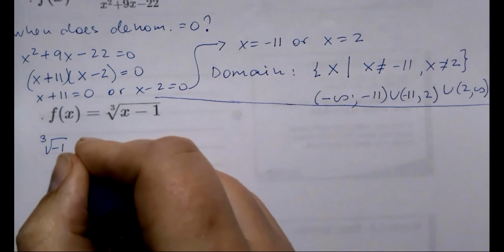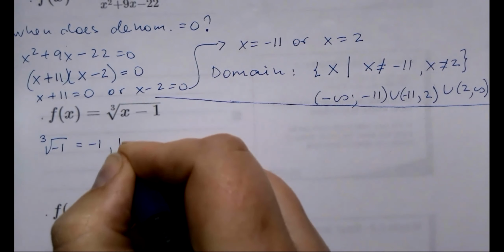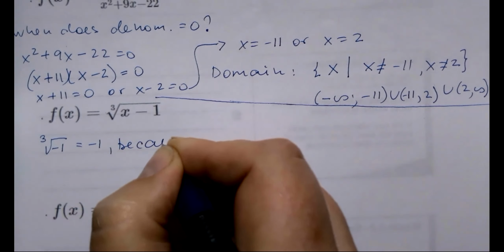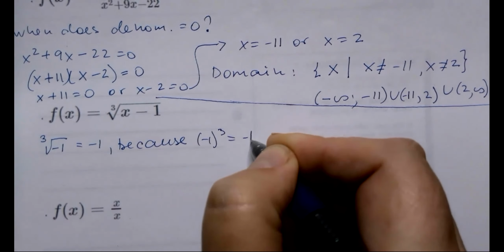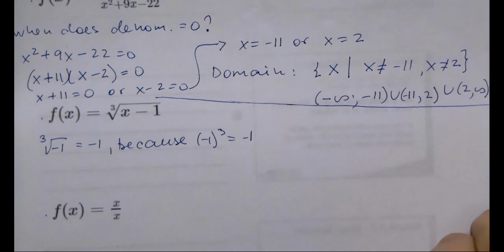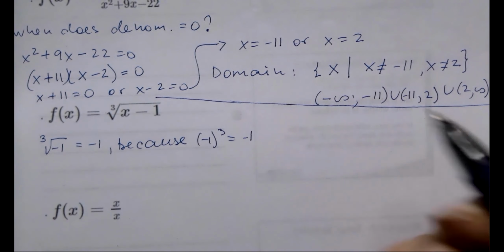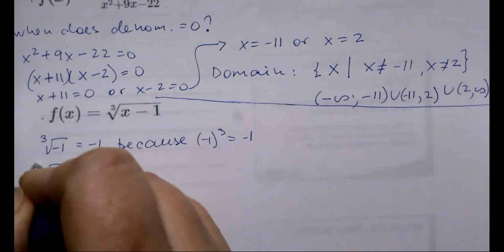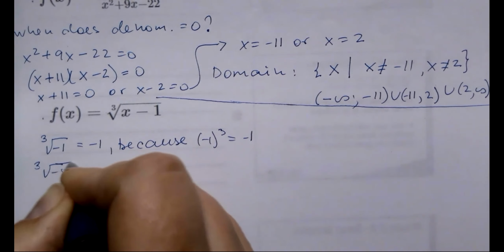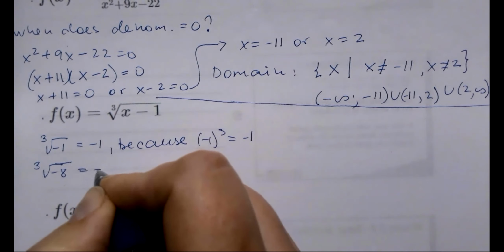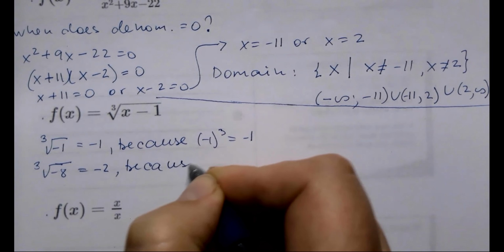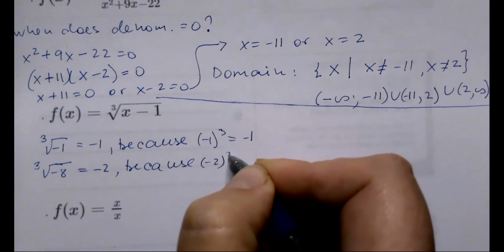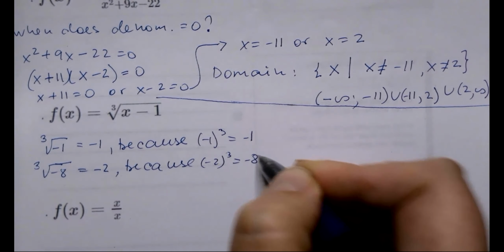And I hope that you answered -1 because -1 cubed is -1, right? Let's try another negative value. The cube root of -8, for example, is going to be -2 because -2 cubed is -8.